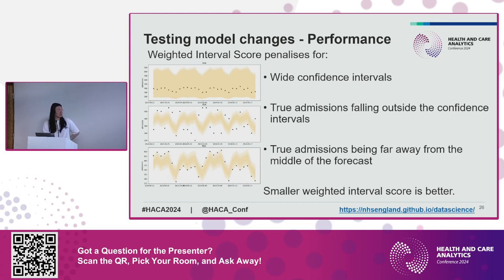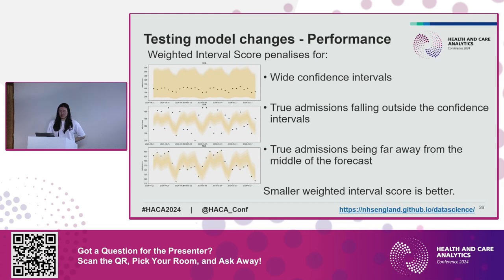So for confidence intervals, we wanted to use the weighted interval score, which penalizes on these 3 points. So for example, wide confidence intervals: you could just make a forecast that's a really large range, but that doesn't really mean anything. We're kind of hedging our bets there.